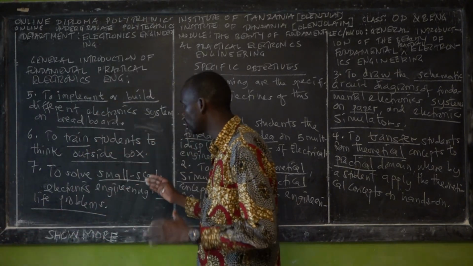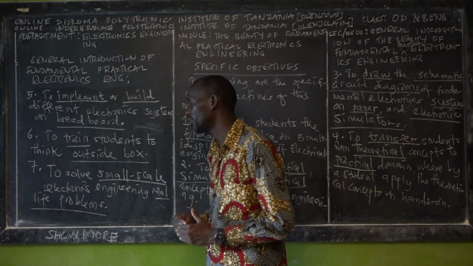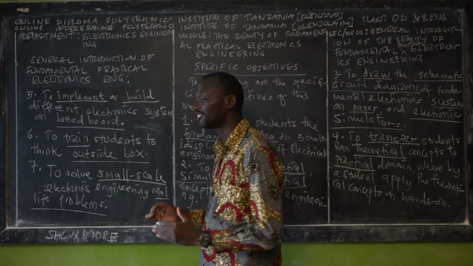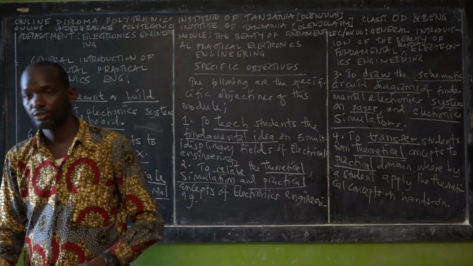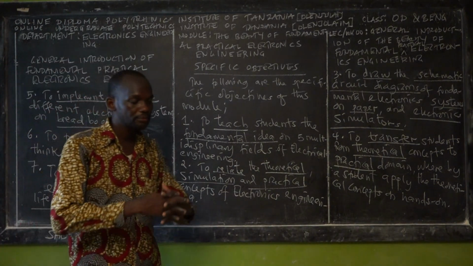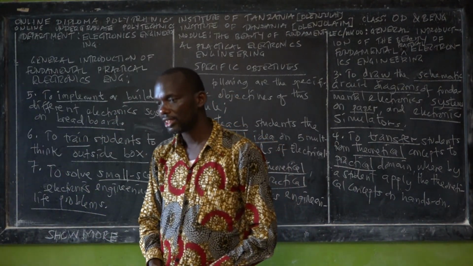That is one of the problems I will teach you how you can solve. I will teach you how you can design a linear power supply that can provide power to your system, or to your device, or to your equipment that maybe you want to design. That's one of the examples.